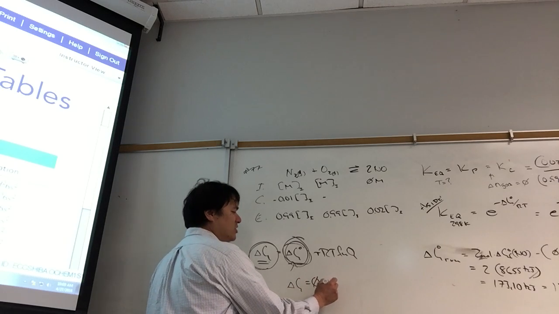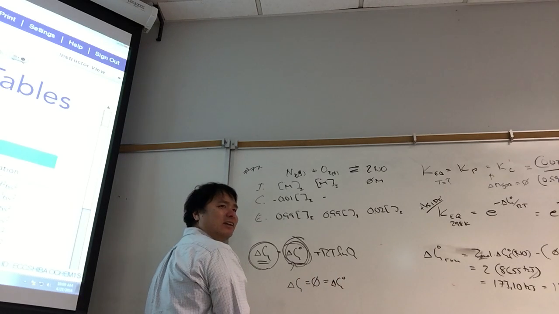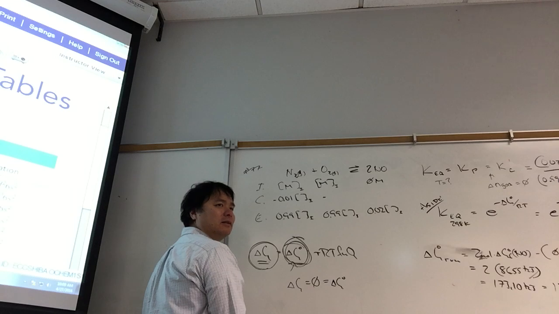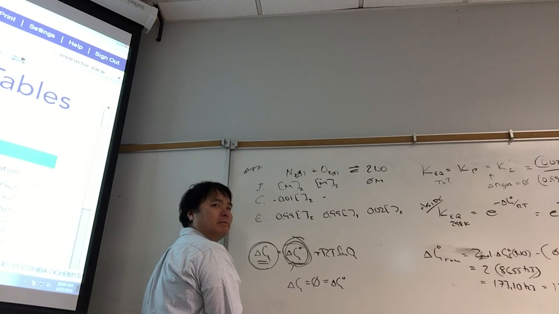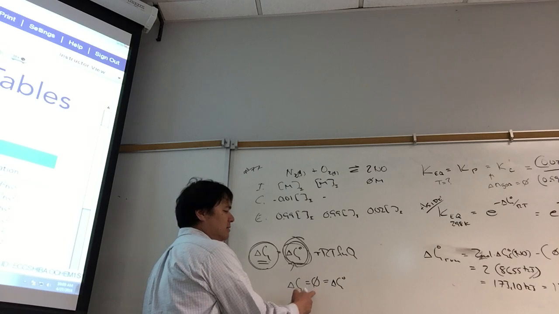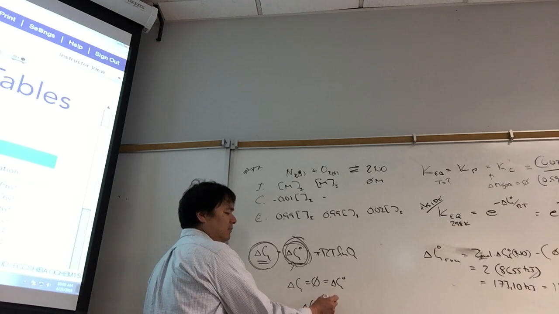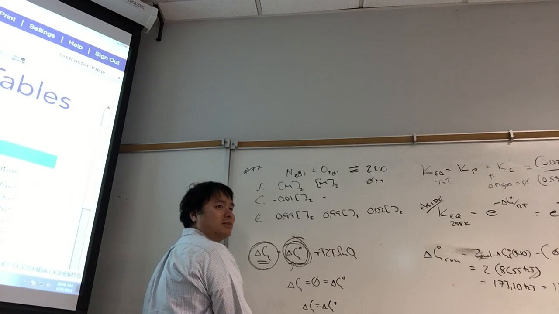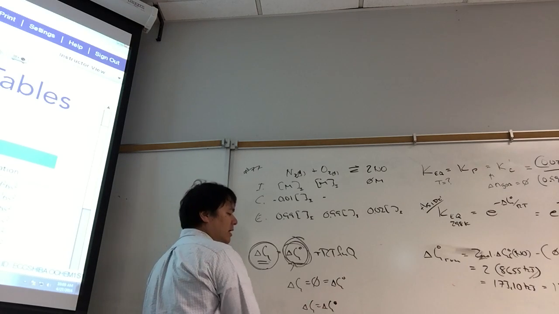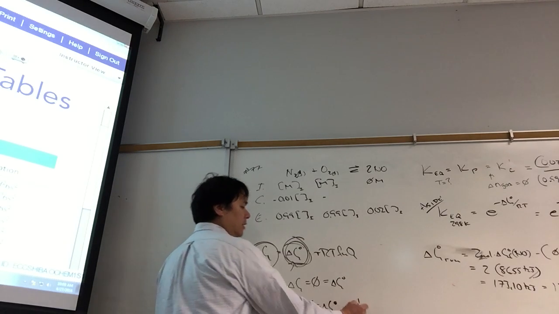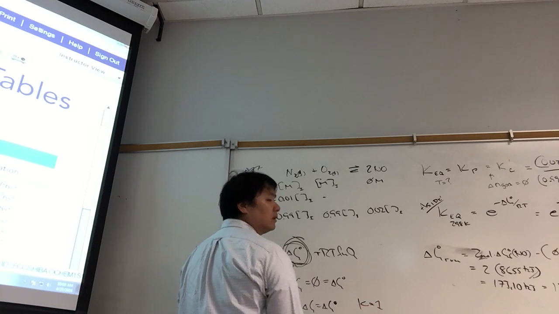And that equals delta G naught, then you know what that tells me? Equilibrium. If delta G is 0 and delta G naught is 0, that tells me that delta G is equal to delta G naught. In other words, K is equal to 1.